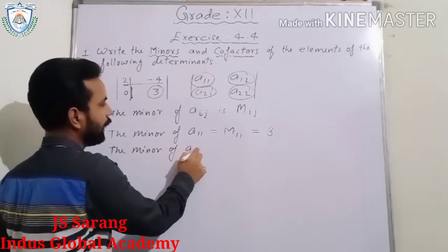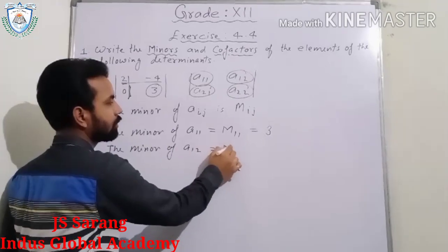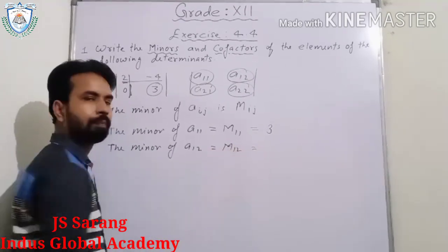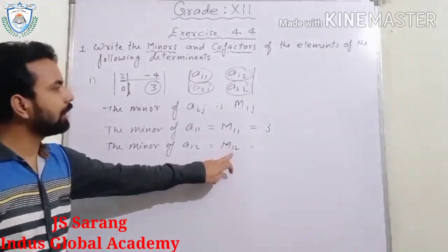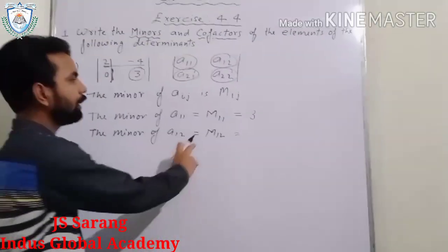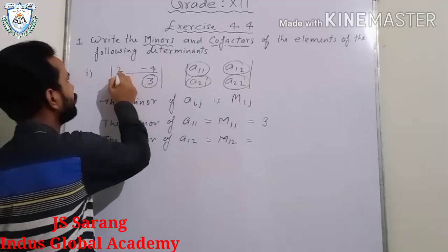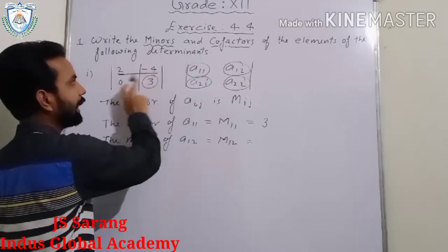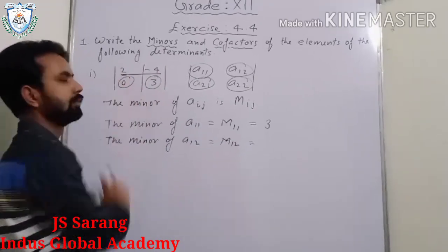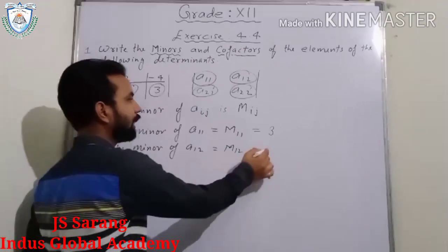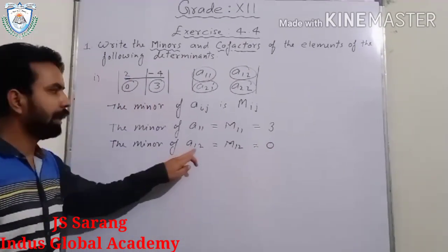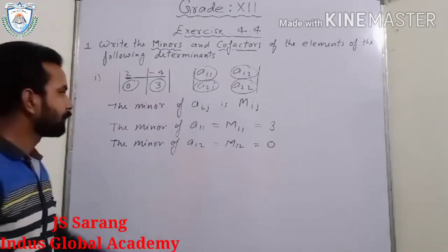Okay, now the minor of A12 equals M12. Clear? Now how can we find M12? M12 means first row, second column. So we will hide first row and second column. So what is left? That is 0. So this is the minor of A12. Clear?